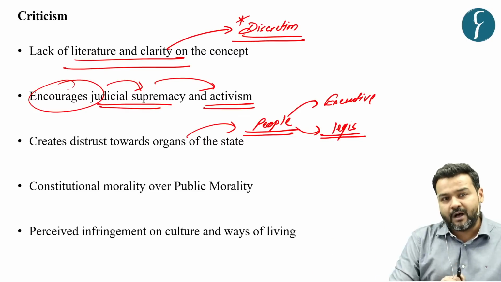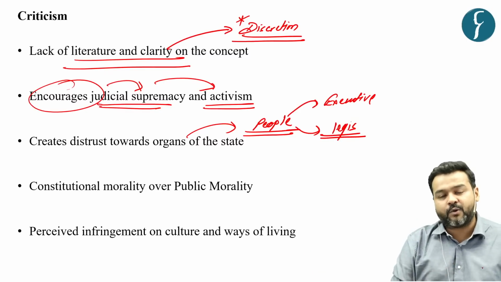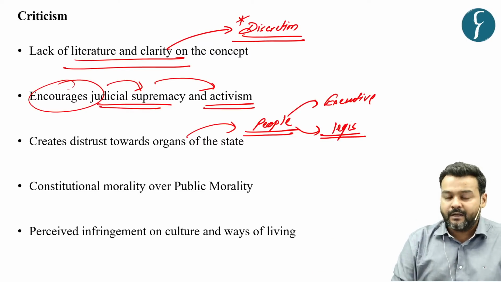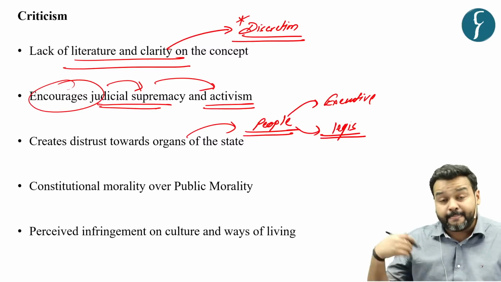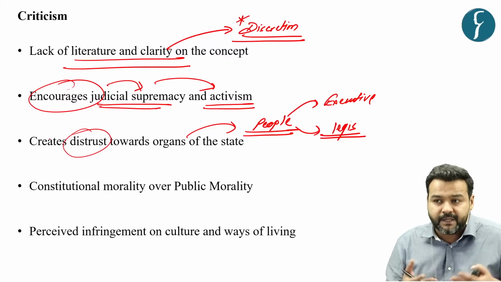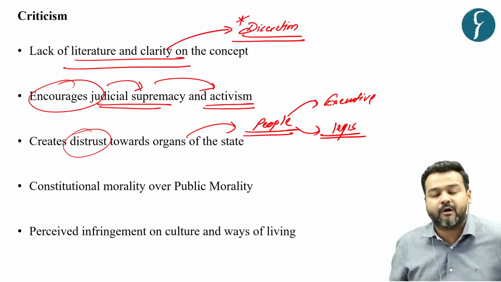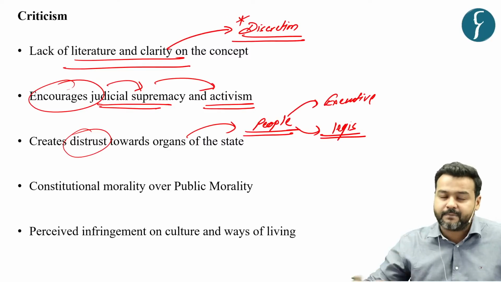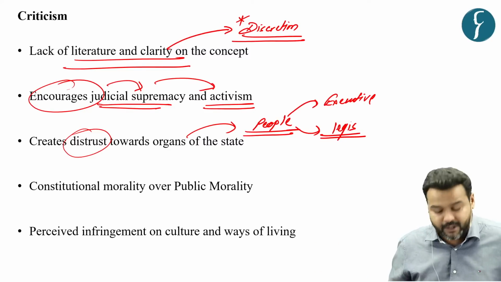Now you are quashing the orders of the government. This top-down approach may create a long-term distrust among voters, that the people I voted for are of no use. They are making such policies which are being scrapped persistently by the court.